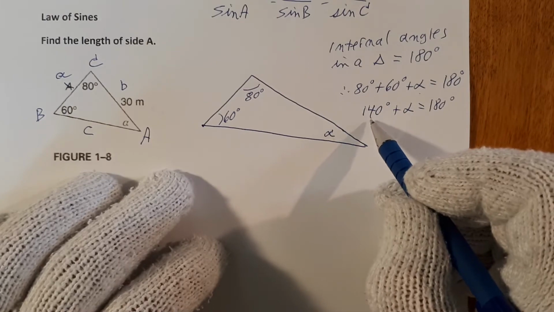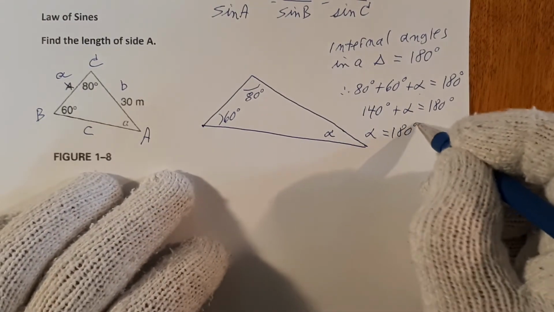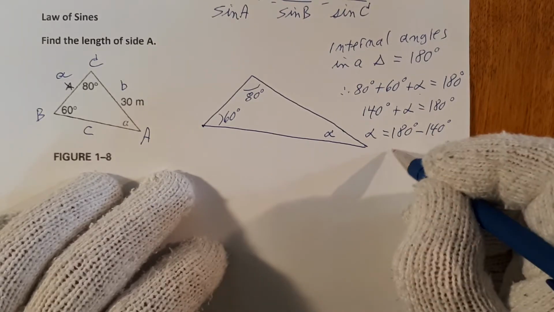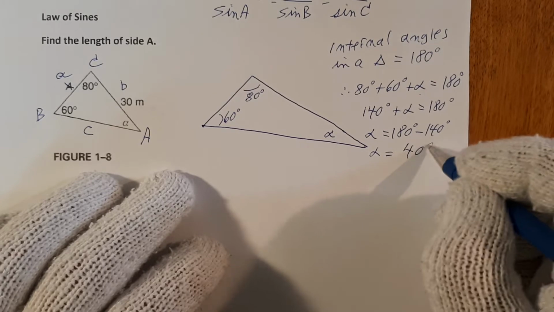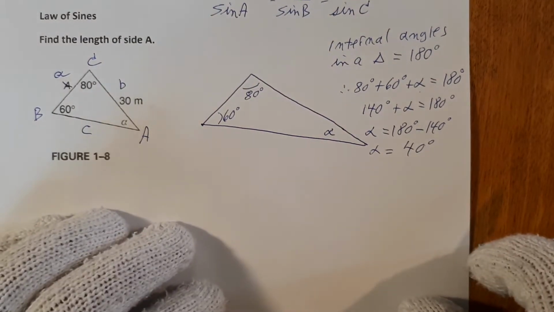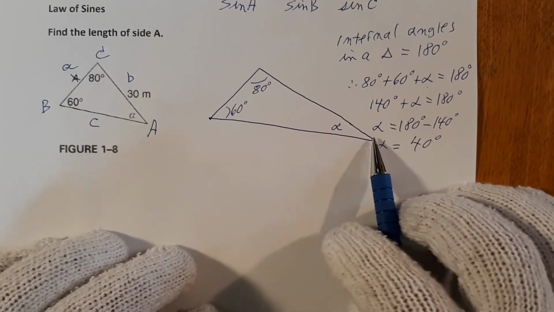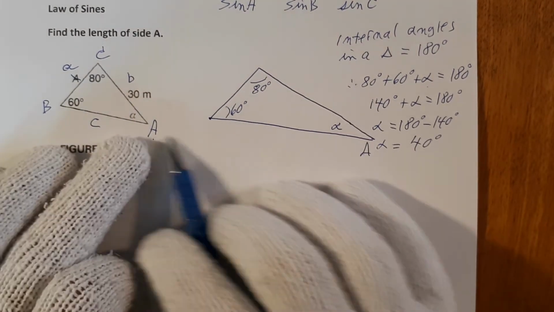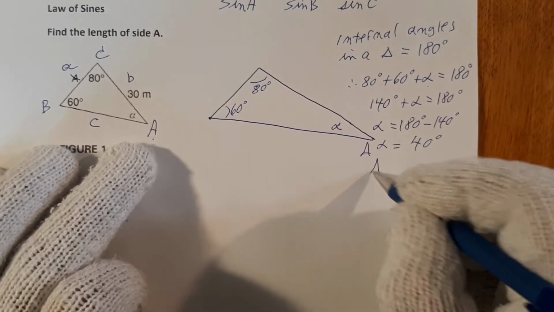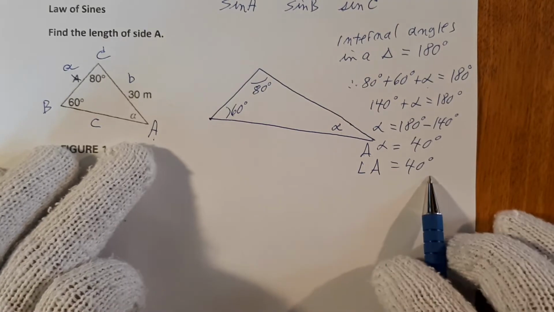Subtracting both sides by 140, alpha then is equal to 180 degrees minus 140. Therefore, angle alpha here is equal to 40 degrees. And I've already called this here angle A, according to what I wrote down there. So angle A is equal to 40 degrees.